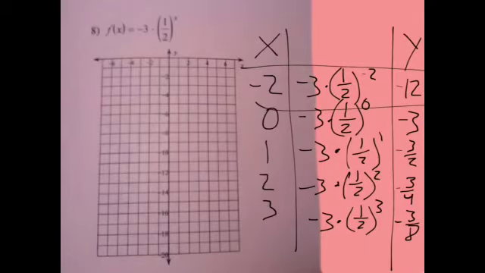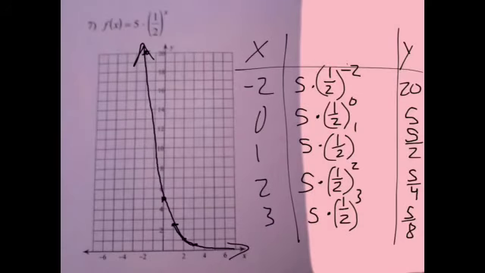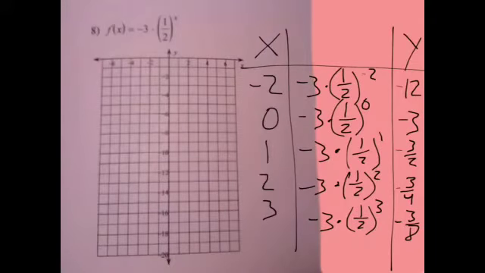You're just going to graph each of these points. -2, -12, which is here. Whoops, that's a little bit big. And then we have 0, -3, which is right there. And then 1, -3/2.